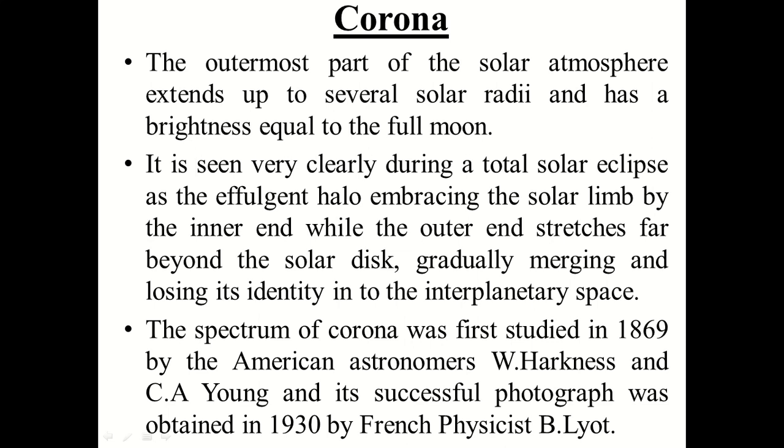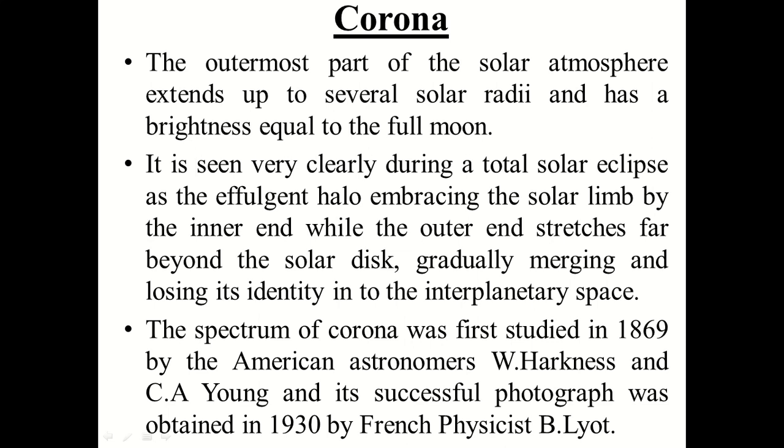the outermost part of the solar atmosphere, which extends up to several solar radii and has a brightness equal to the full moon. This corona is also a completely transparent region which we cannot see during normal days.